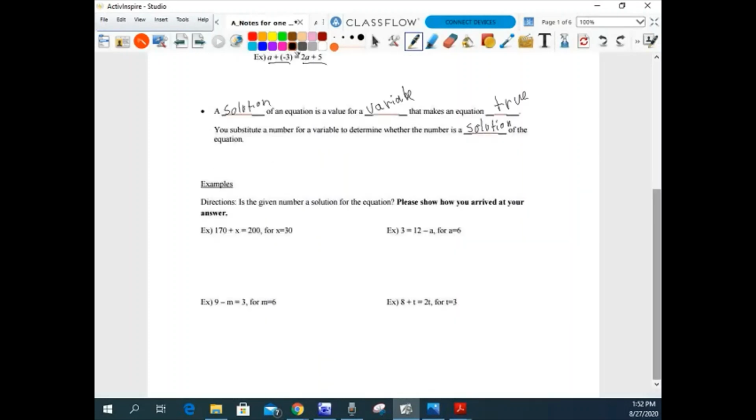I know that's a lot going on right now, but now let's move down right here. Let's look at this first example. 170 plus x equals 200. Now, right here it says for x equal to 30. What this said up here, you substitute a number for a variable to determine whether it is a solution of the equation. So what I'm going to do is I'm going to still have my 170, but instead of x, I'm going to put 30.